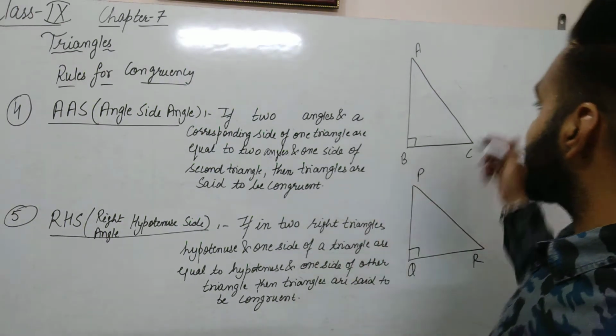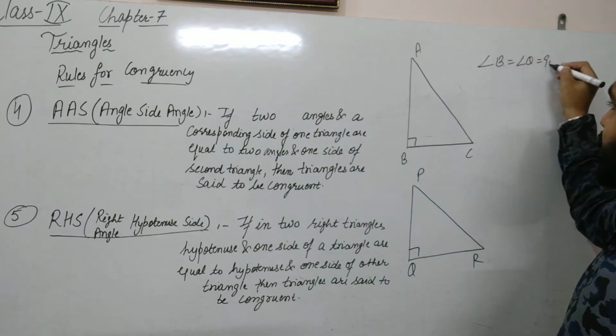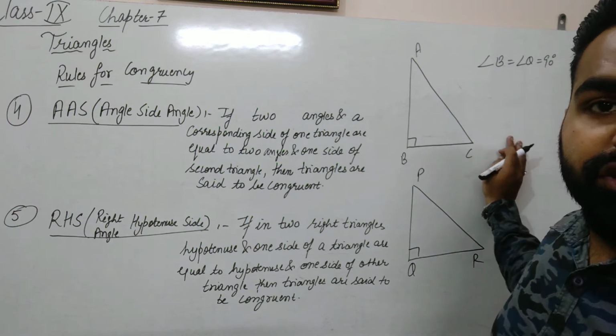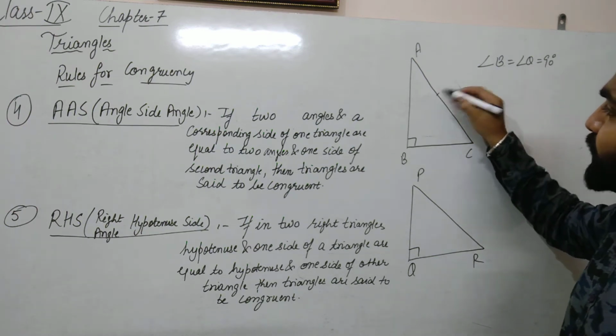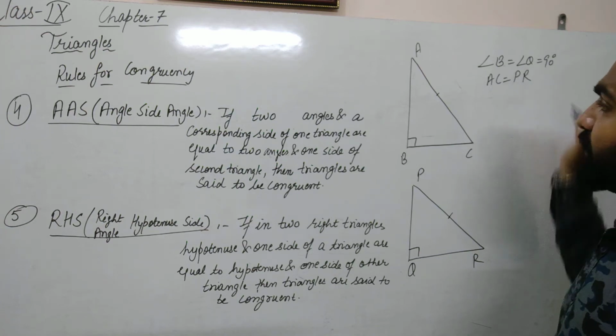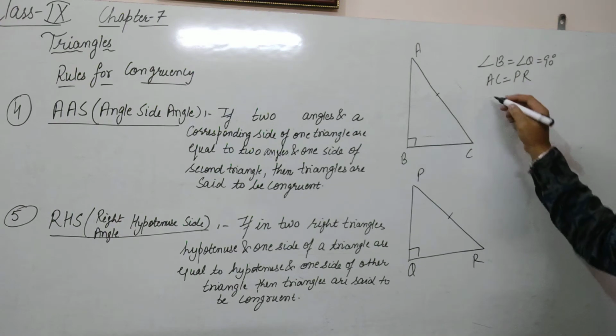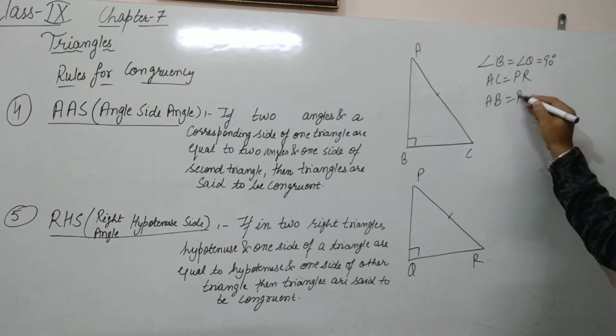So here we can see that angle B is equal to angle Q because they are of 90 degree each. If the hypotenuse are equal, that is AC is equal to PR, and one side of these two triangles, let us say AB is equal to PQ.